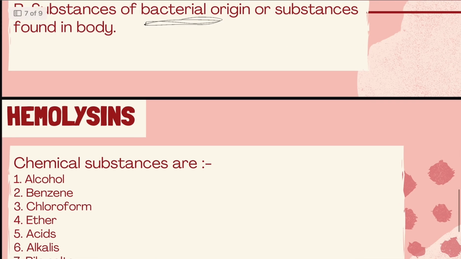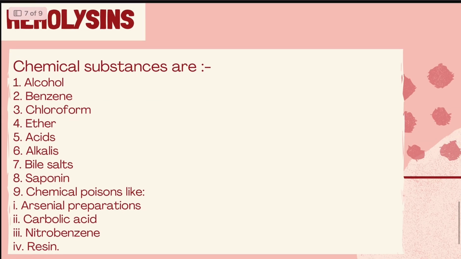in the body. So the chemical substances are as follows: alcohol, benzene, chloroform, ether, acids, alkalis, bile salts, saponin, and chemical poisons such as arsenic preparations, carbolic acid, nitrobenzene, and resin.